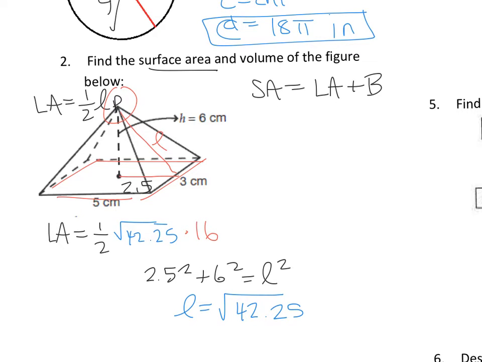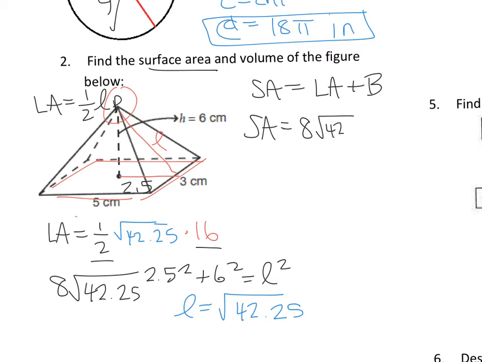So your lateral area is 1/2 of 16, which is 8, so it's 8 root 42.25. So surface area equals 8 root 42.25 plus the area of the base. The area of the base is a rectangle, so it's 5 times 3, which is 15.